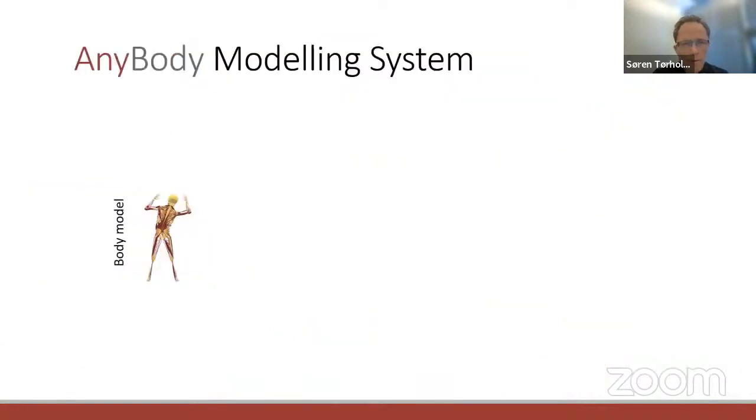The ingredients to a model like this are, first of all, of course, the body model. It's fully parametric and scalable, and we then supply some motion and some forces to this model.